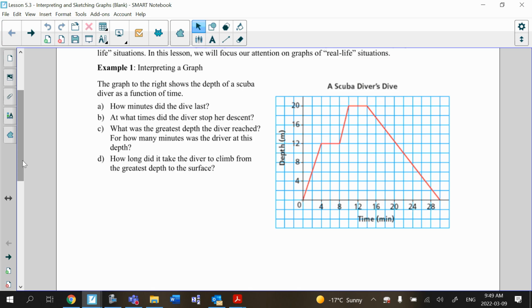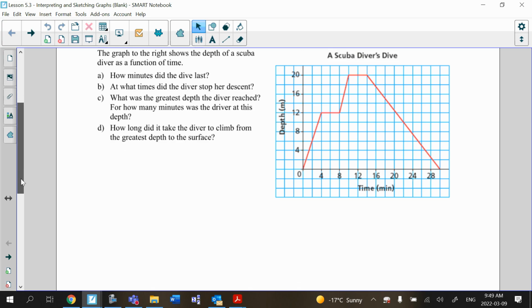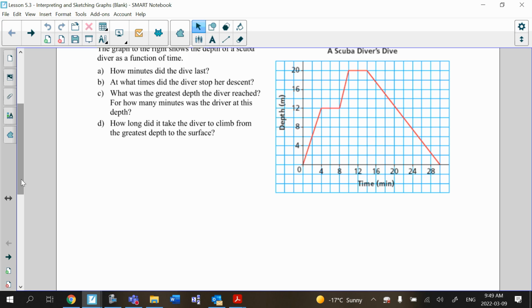First question, how many minutes did the dive last? To answer this question, you have to understand scale. What is each grid line going up by? On the horizontal axis, what are we going up by? 2's. Because if the second one is 4, then the first one is 2.